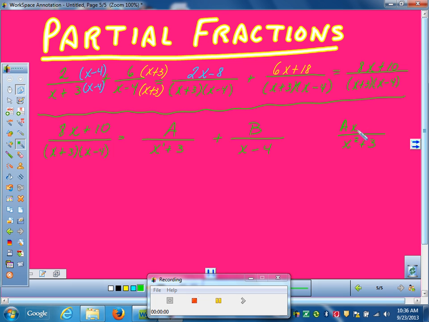You would have an ax, but then you have to go down every power until you get to a constant number. So it could be ax plus b. Every time you have to use a different letter. If I gave you an x cubed, you'd have to start 1 less and go all the way down.